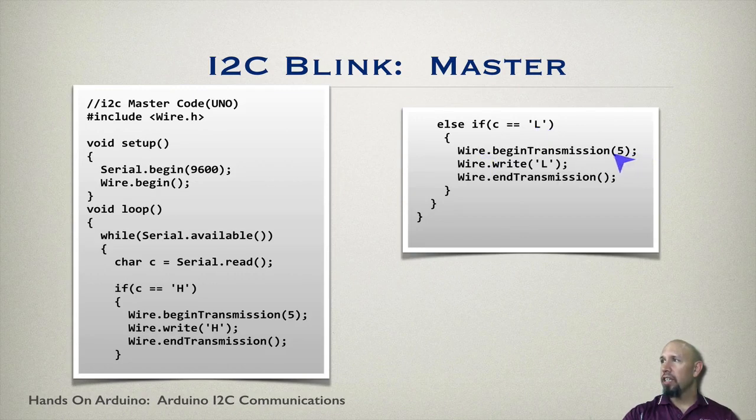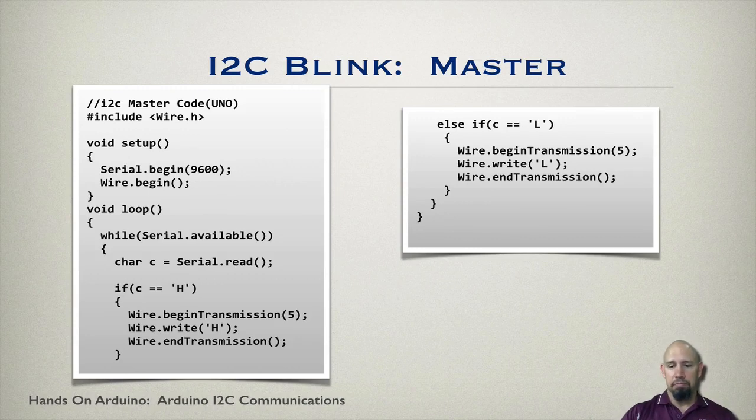It's going to write L to device 5, and then end transmission. So there are only two symbols we can send to device number 5 that it will understand, H and L. H is going to turn the light on, and L is going to turn the light off. That's the basic idea. That's the entire program we're going to use on the master side.